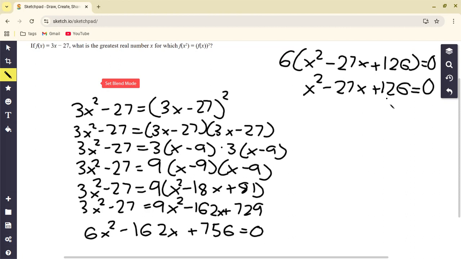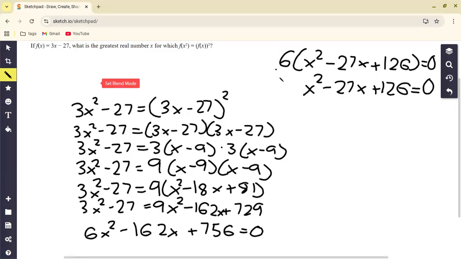And we know that both of the numbers need to be negative for the product to be positive, because for a product to be positive, two numbers multiplied together must both be positive or both be negative. And since at least one of them needs to be negative, both of them are negative. So we're looking for two negative numbers that add up to negative 27 and multiply to 126.